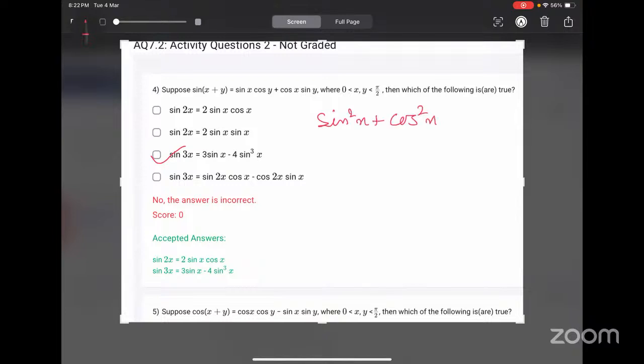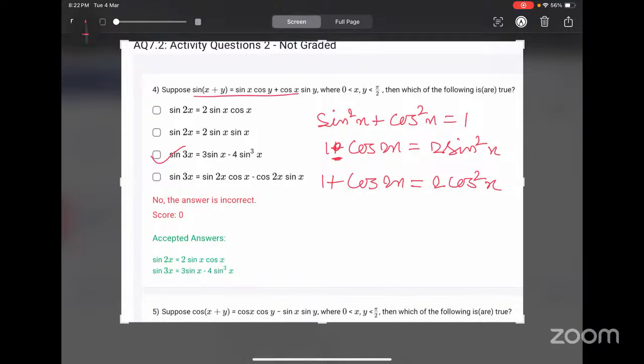Then 1 minus cos 2x is 2 sine square x. And 1 plus cos 2x is 2 cos square x. Up to now I can suggest these three, and this type of formulas you can try to remember.